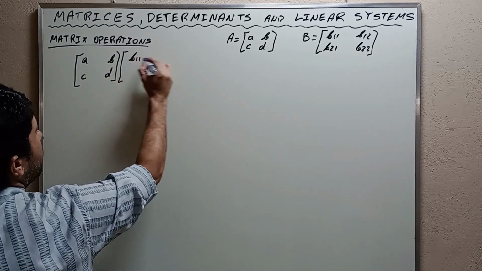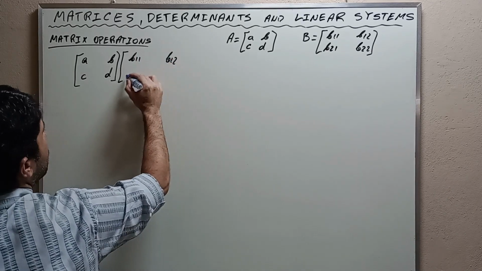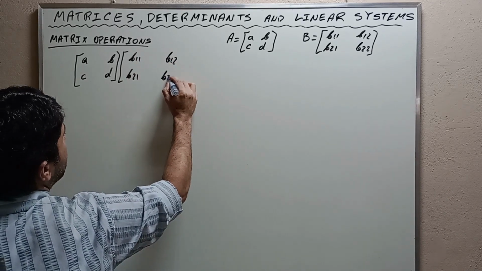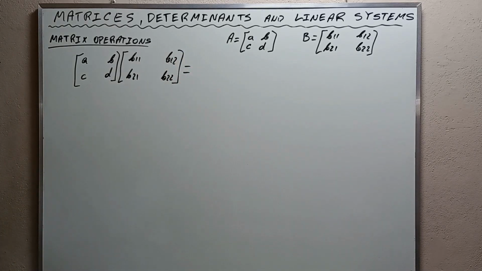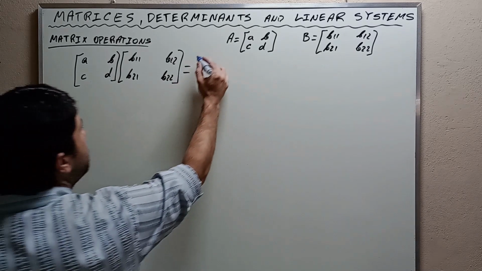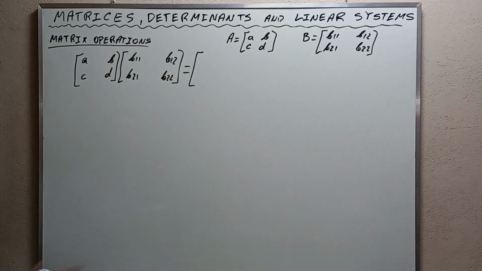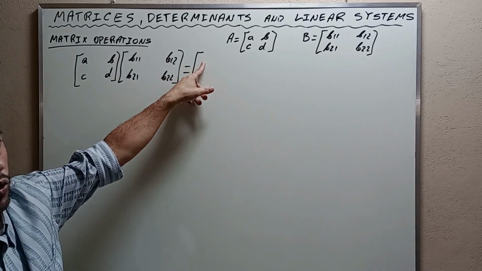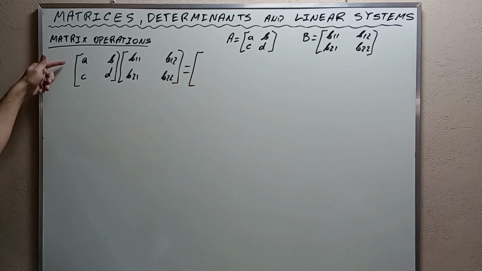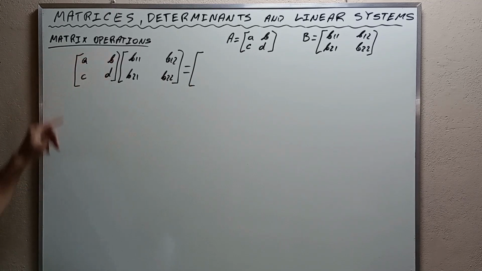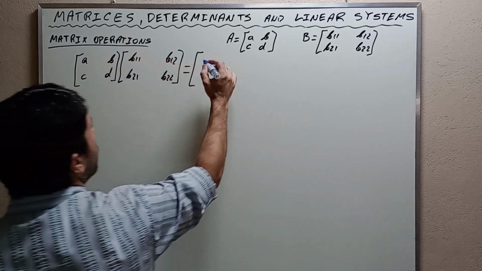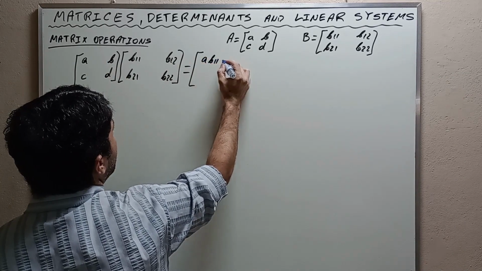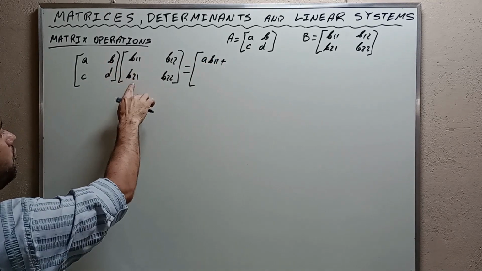multiplying B11, B12, B21, and B22 will produce another matrix. The first entry of this matrix will result from the multiplication of the first row of the first matrix with the first column of the second matrix, and this is A times B11 plus B times B21.